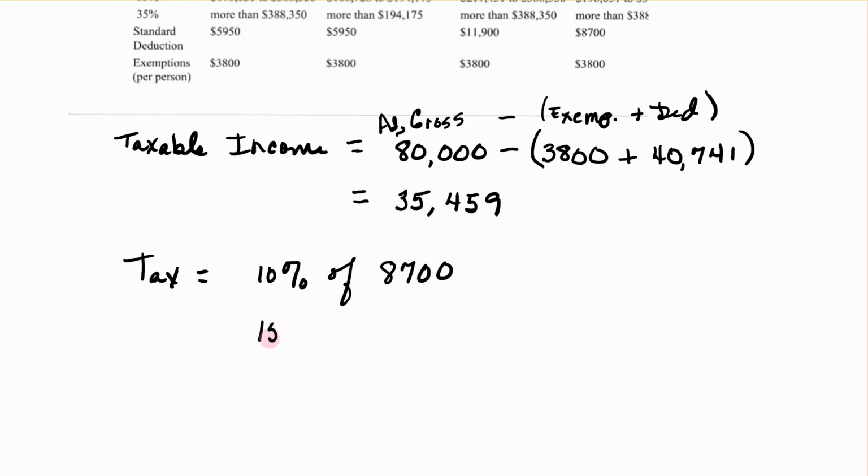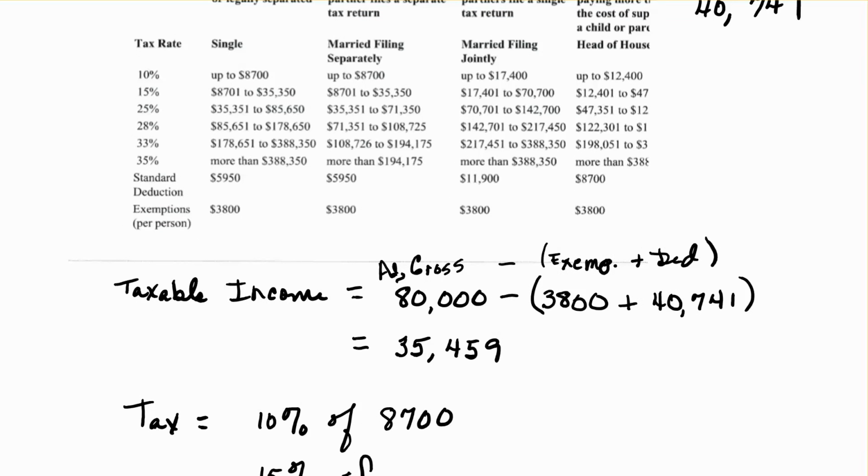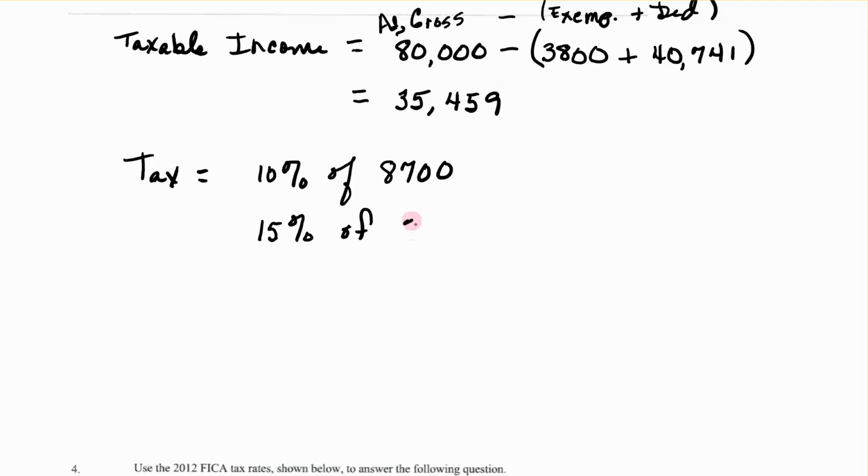It is 15% of everything between $8,700 and $35,350, so you have to pay 15% on all the money you have in that category.